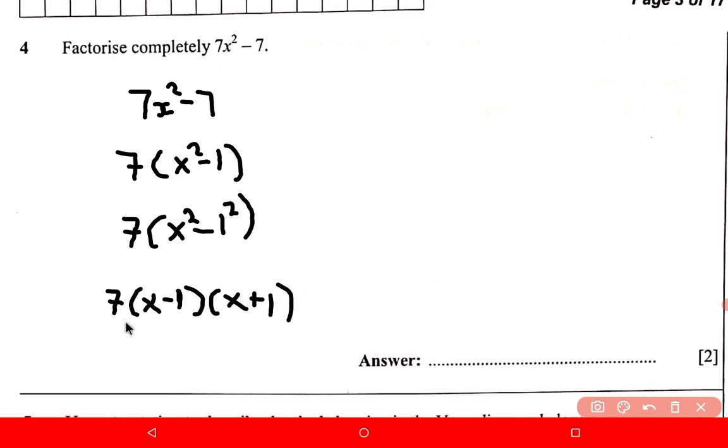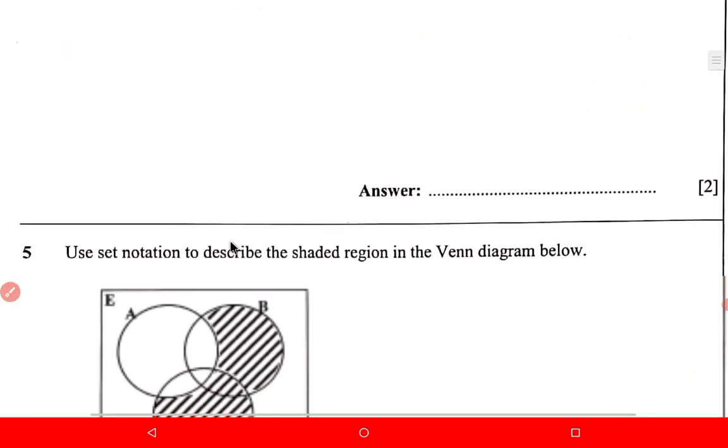And this is your answer. So this is what you're supposed to do. Okay. So the answer was 7 in brackets x minus 1 in brackets x plus 1, and that was all. Okay, we go to question 5.